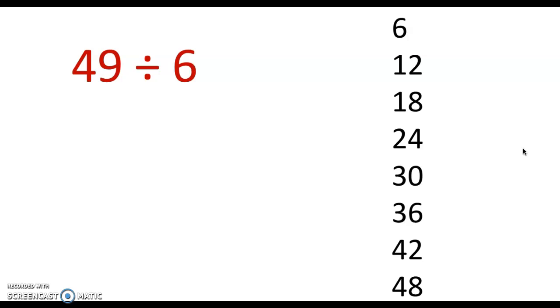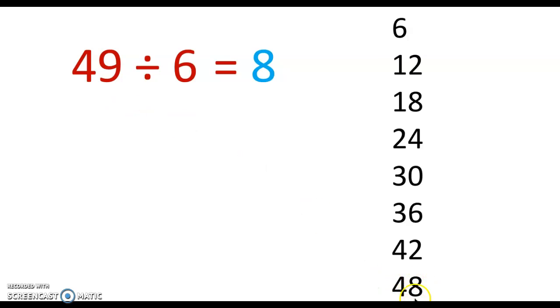Let's see how many times we skip counted to get there. 6 times something gave us 48. 6 times 1, 2, 3, 4, 5, 6, 7, 8 gave us 48. That means we were able to share and give every single person 8. But did we use all 49 of our cookies?